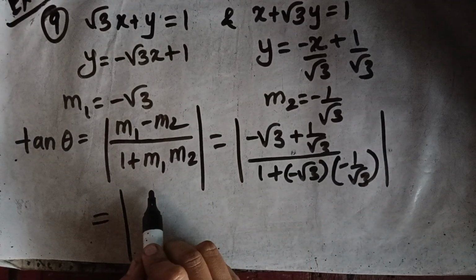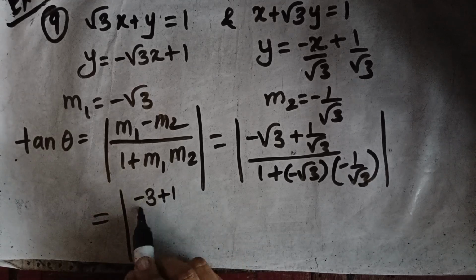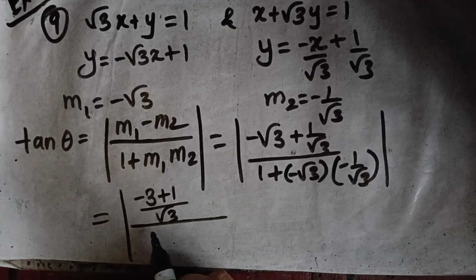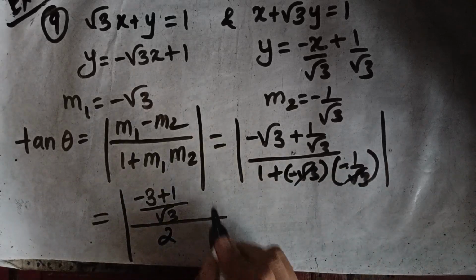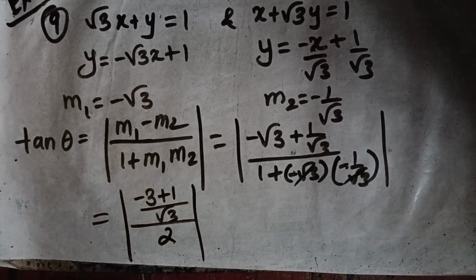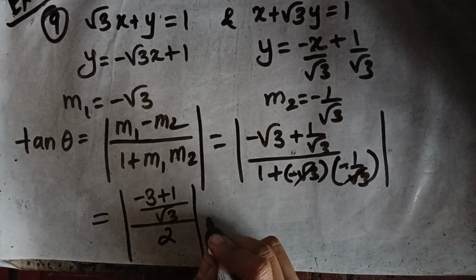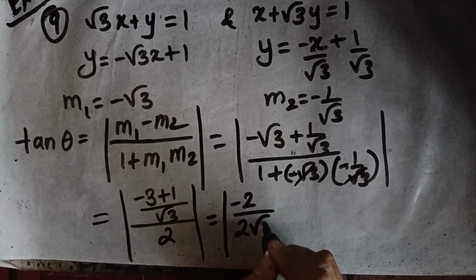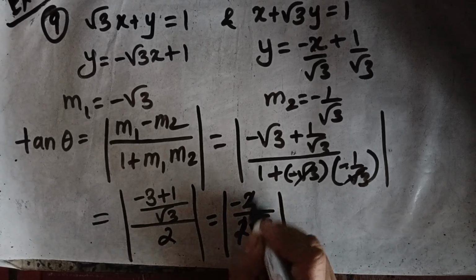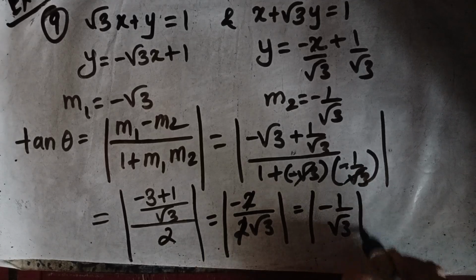So this is cross multiplying, you will get minus 3 plus 1 upon root 3, this into minus plus 1 2, minus 2 upon 2 root 3. So mod of minus 1 upon root 3.